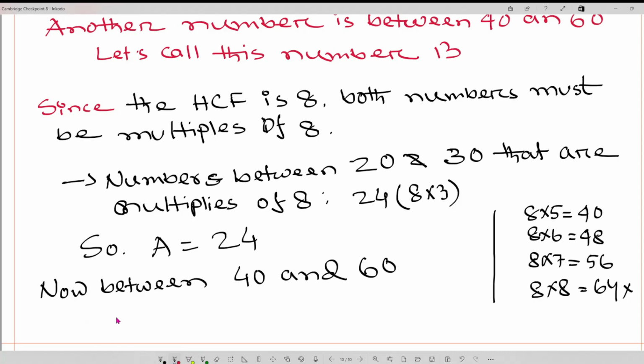So B equals 40, 48 and 56, which are between 40 and 60. Everything is a multiple of 8.